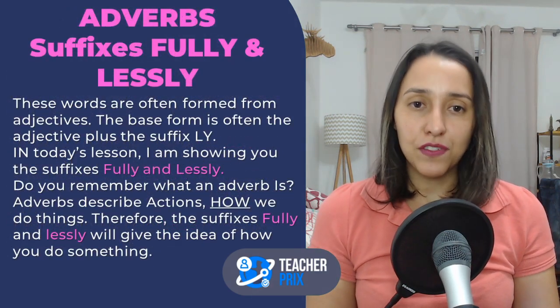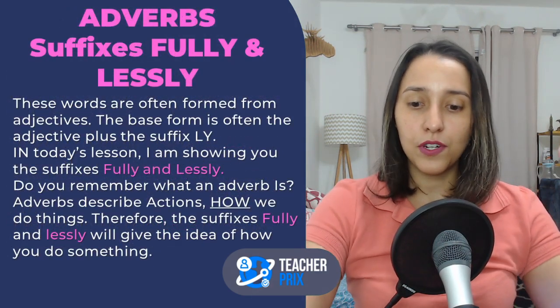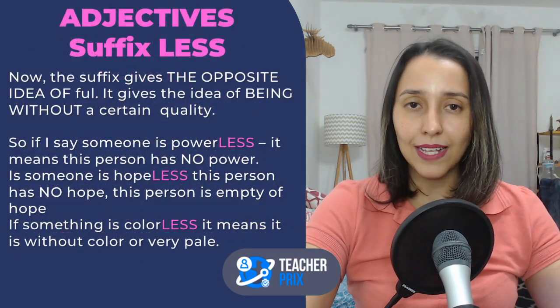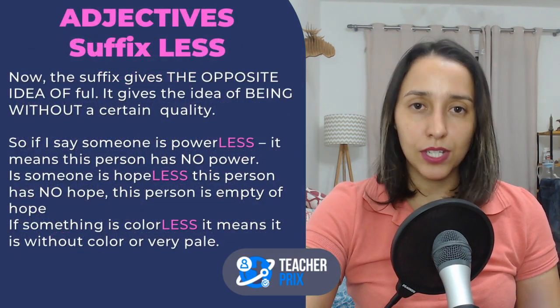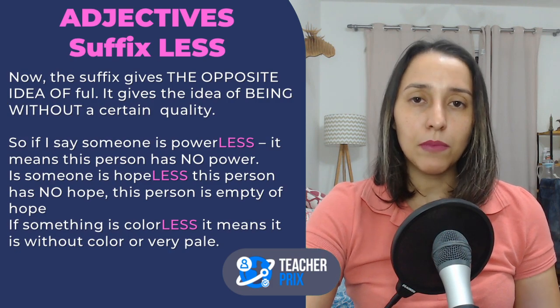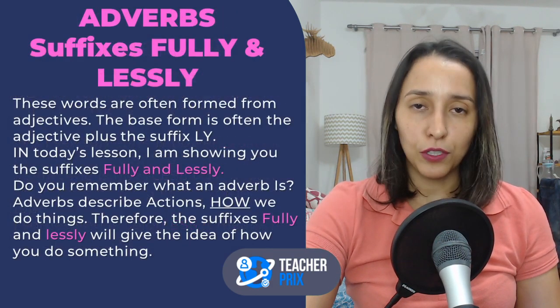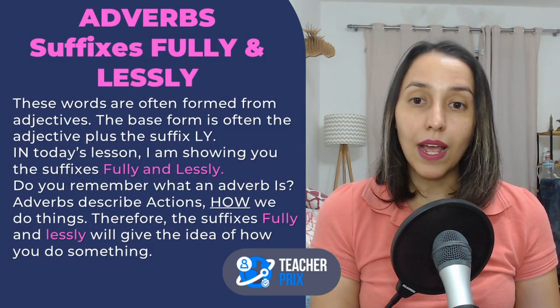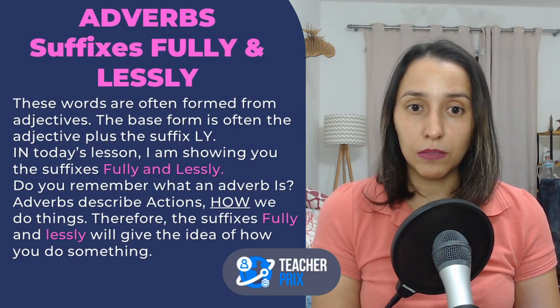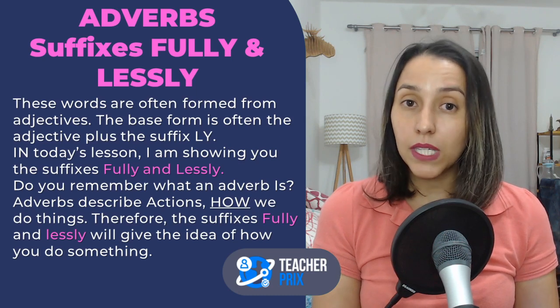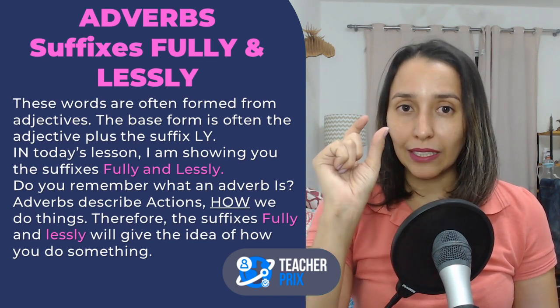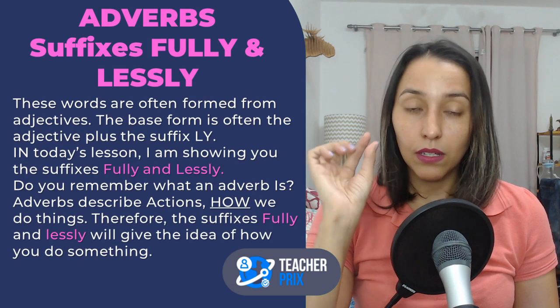Now, the adverbs, okay? Now, the first part, full and less, will form adjectives, okay? Remember, adjectives describe a noun. Adverbs, on the other hand, they usually describe the verb, an action. I speak slowly. How do I speak?